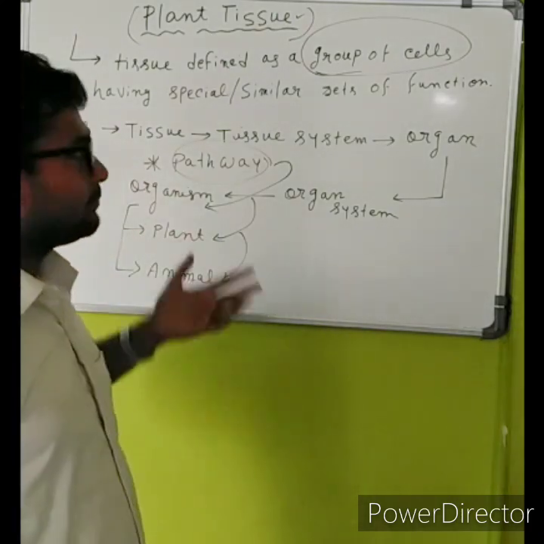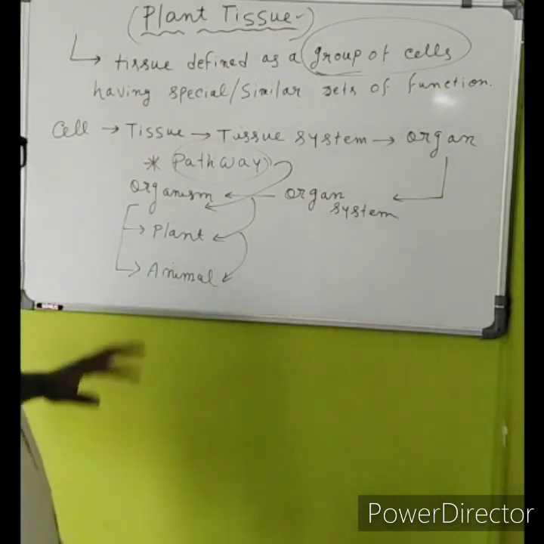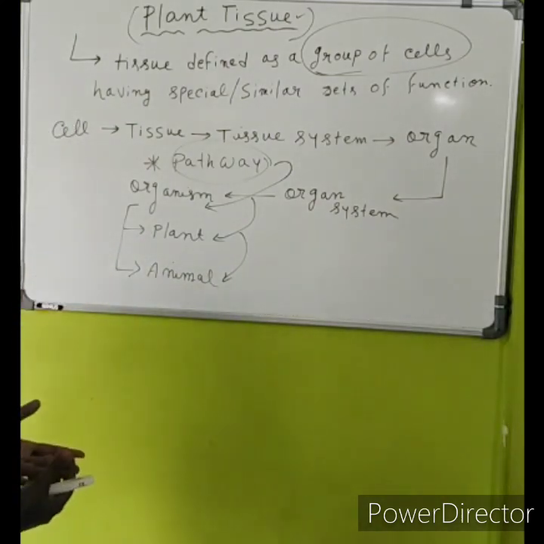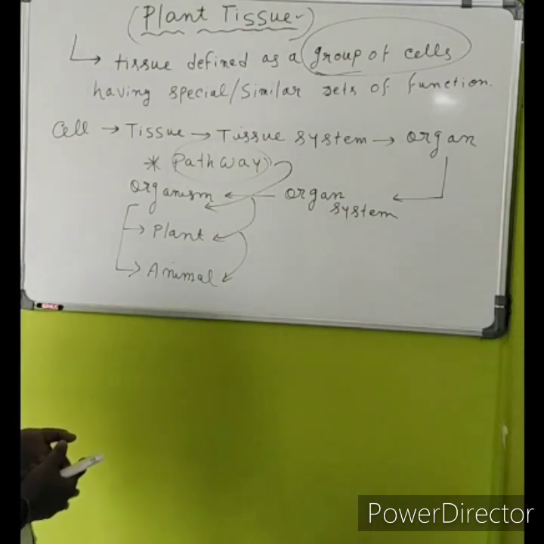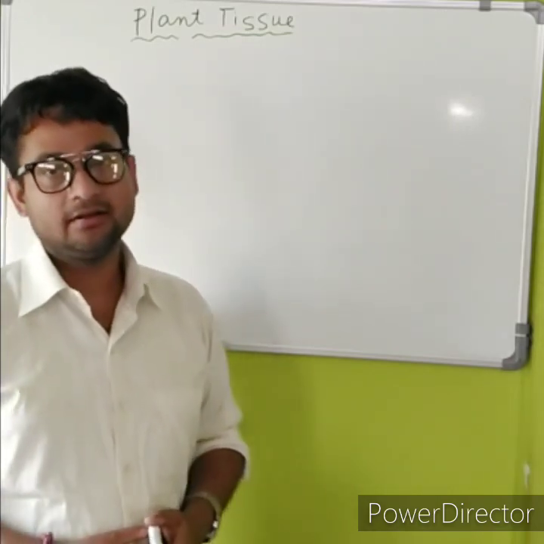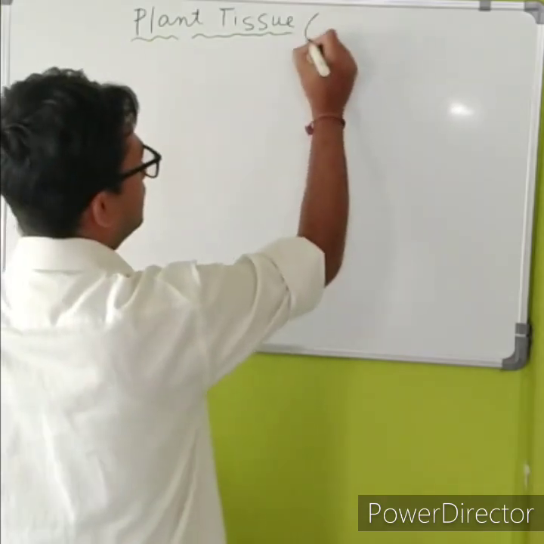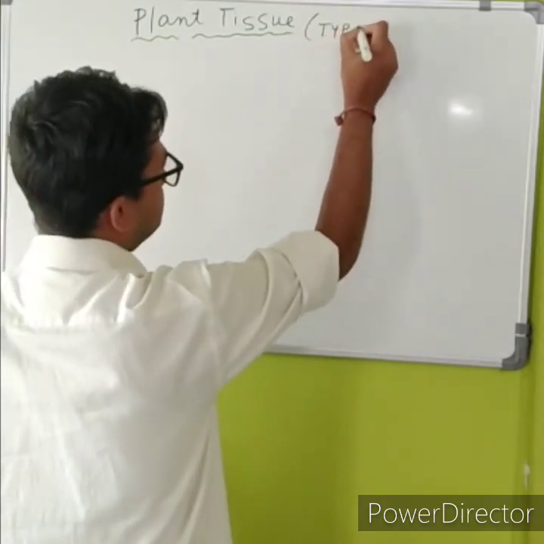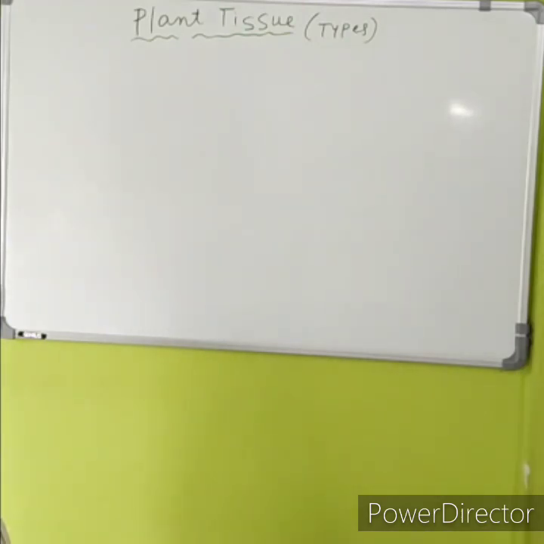Now we are talking about the plant tissue, and plant tissue can be defined as a group of cells having similar sets of function. Now, what are the different types of plant tissue found in the plant body?